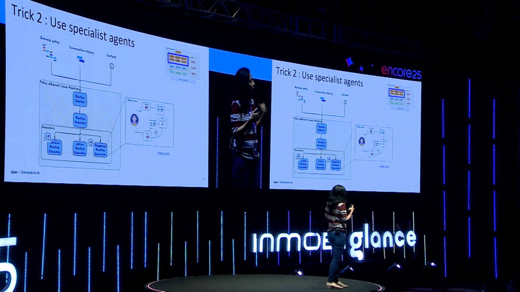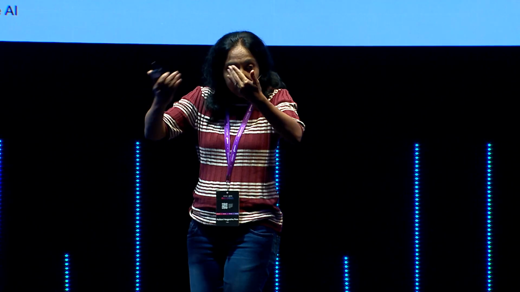Then it reflects on that response and says, am I doing the right thing? So it goes through that loop. That's the reflection pattern, and that's primarily from LangGraph, the image that you see there. It tries to reflect on its response and improves that response before finally sending it out.